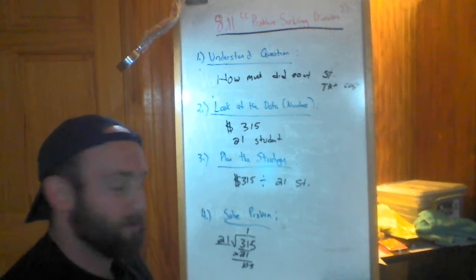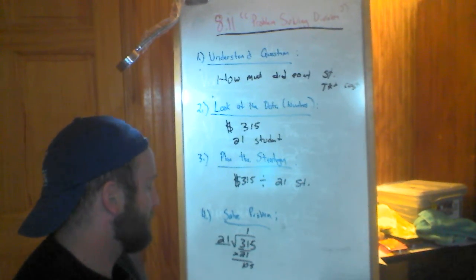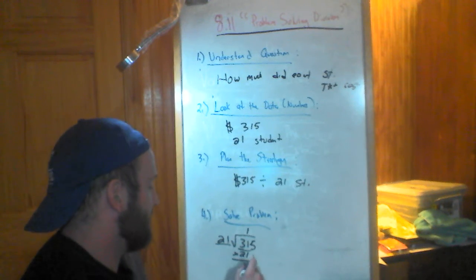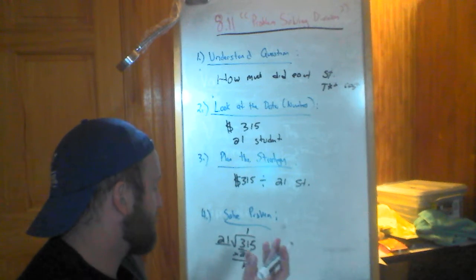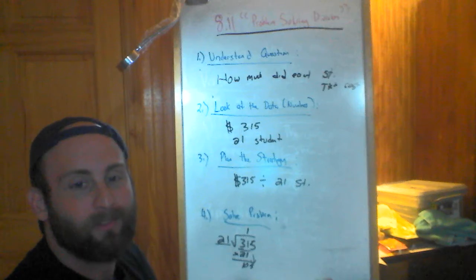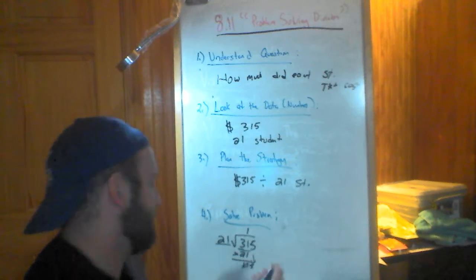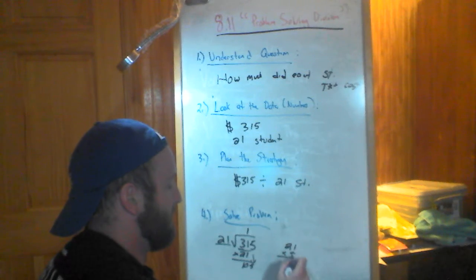All right, so we need to multiply. How many 21s go into 105 when we start over? Because we brought down the next number, which is a 5. Do mental math. Take a guess. I'm going to guess 5 because there are 5 20s in 100. So let's do that. 21 times 5. 1 times 5 is 5.